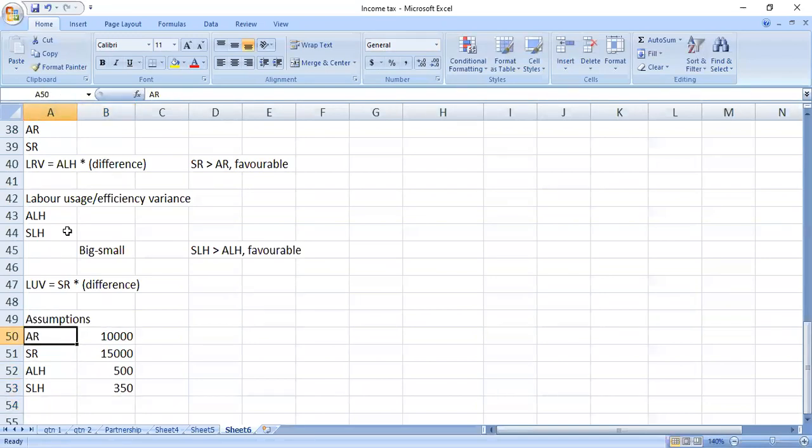So this is our information that we have. Mind you, rates are per hour. They always give you a price per hour, that's a standard rate or a rate, just like prices, they give you selling prices, the price of a single unit.